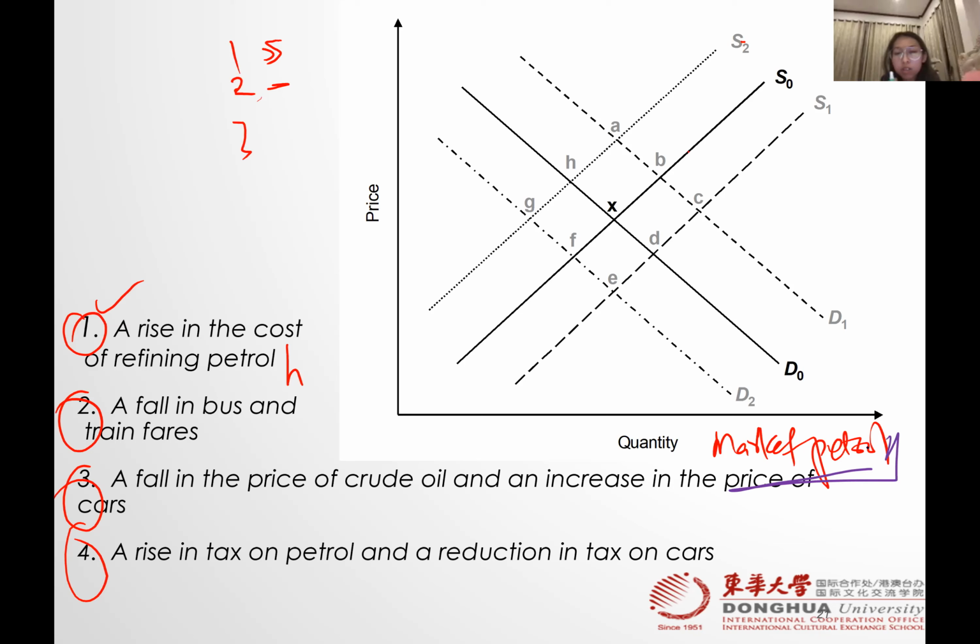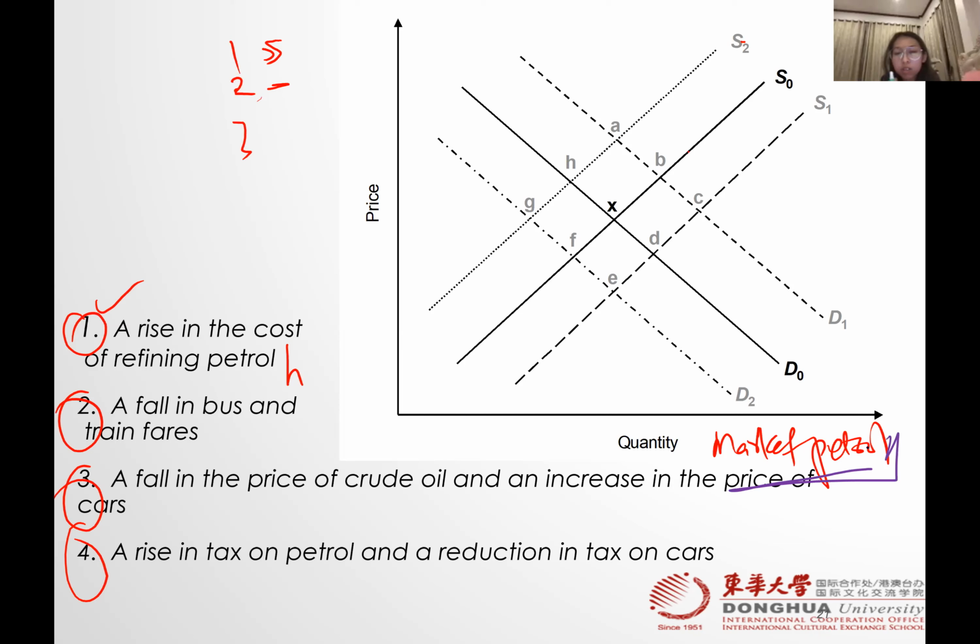Does it have any connection with this? A fall in the bus and train fares. So those who have their own private cars, will they demand more fuel or less fuel, because they have the option to travel through trains and cheaper ways? So what happened to the demand for petrol?